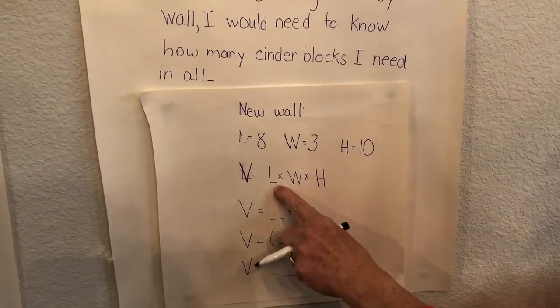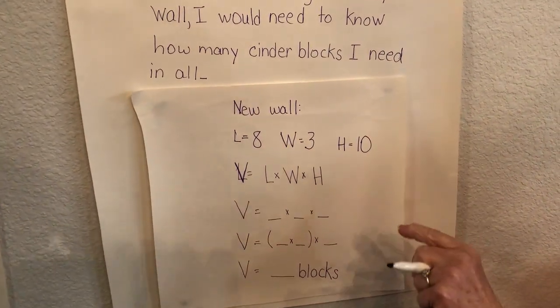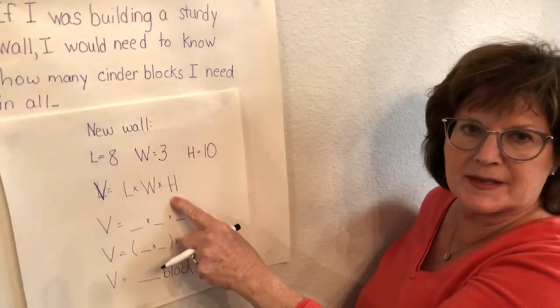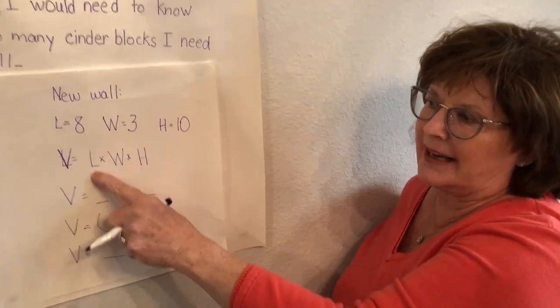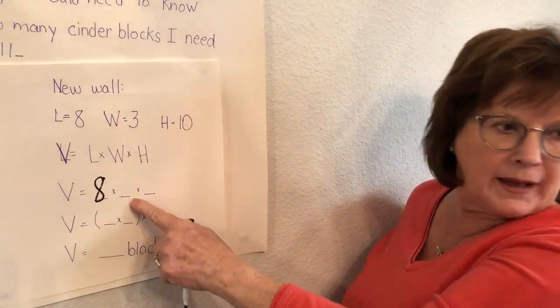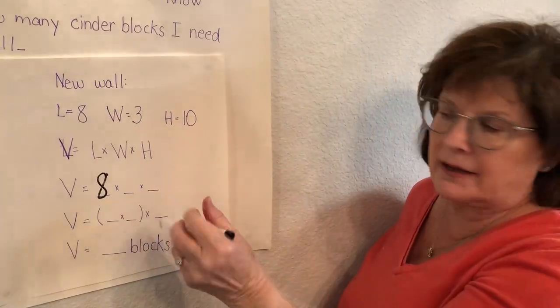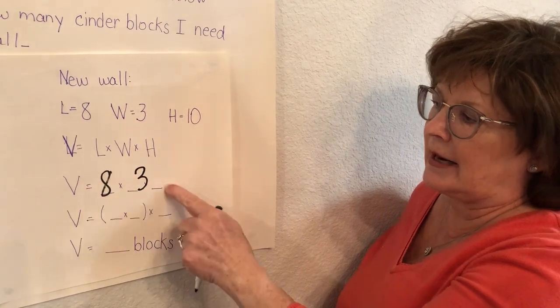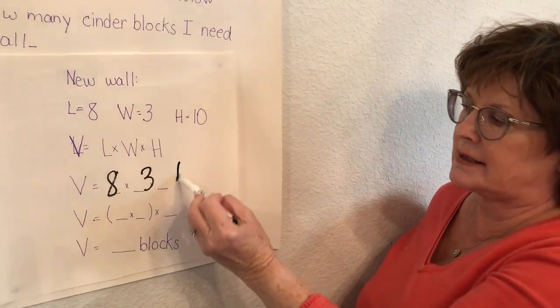So our formula is Elijah, length times width times height. Very good. So our length is, Matthew, 8. Good. Our width, Garrett, is 3. And our height, Sarah, is 10.